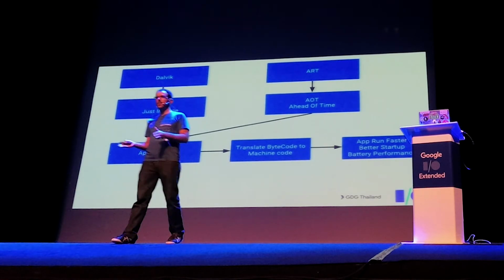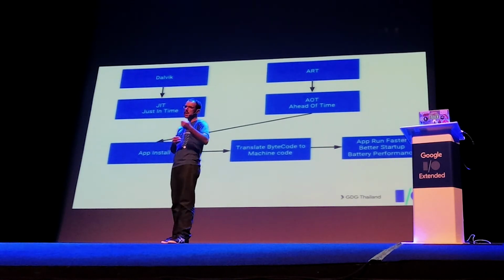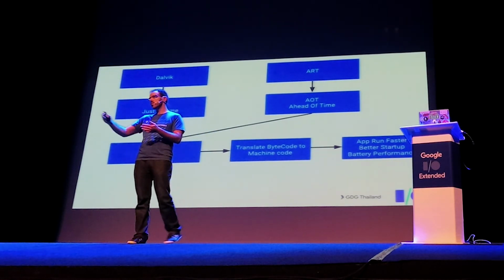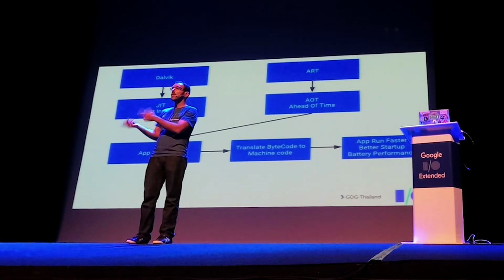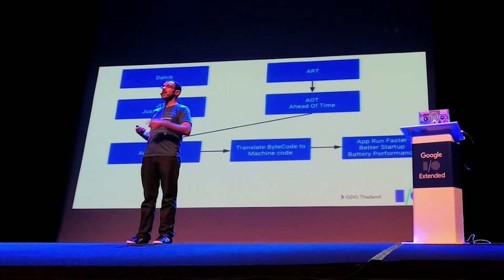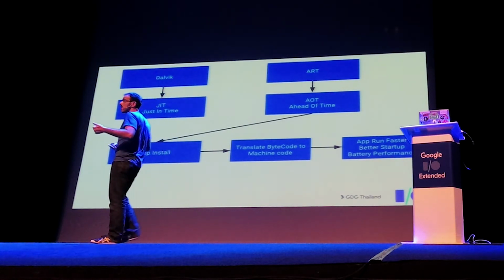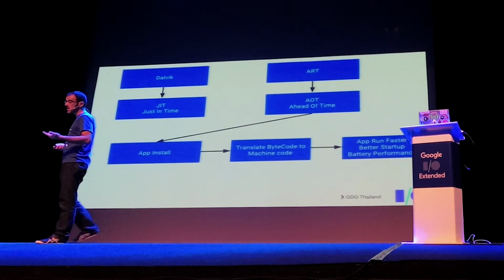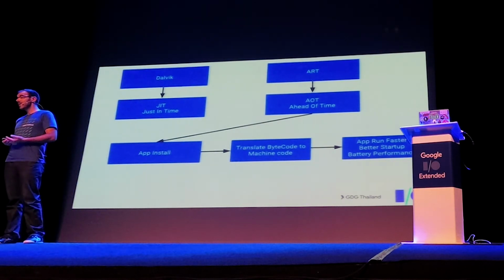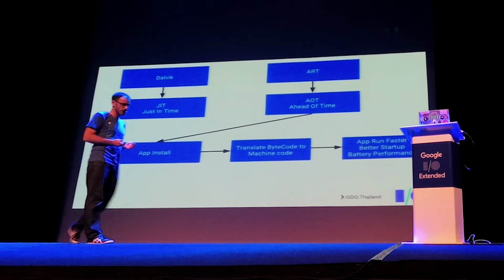Okay, you see the difference? So before, when I'm running the app, I'm translating the bytecode to the native code, but with ahead of time, in the moment that I'm installing the app, I'm doing the transformation. And it means that the app has a better startup and better battery performance.